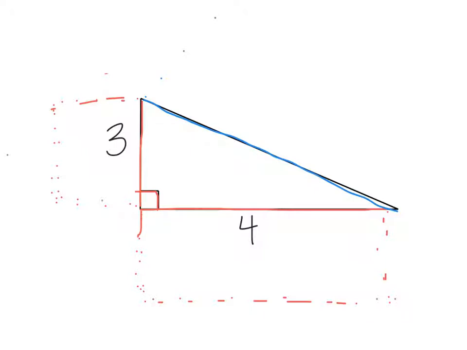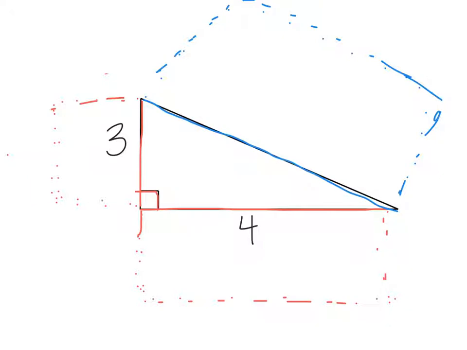And up here, I've got a blue one. I'll make it a little bit more obvious that this is a blue one. Very cool. So the Pythagorean Theorem basically says that the area of the two small squares add up to be equal to the area of my big square. So the leg as a square plus the other leg as a square equals the hypotenuse as a square.